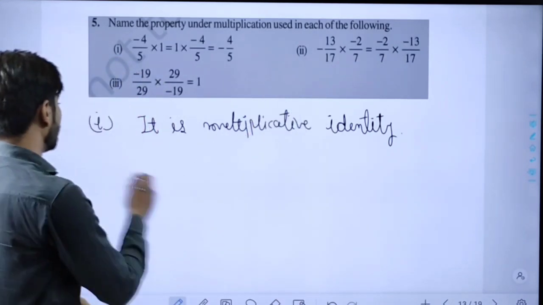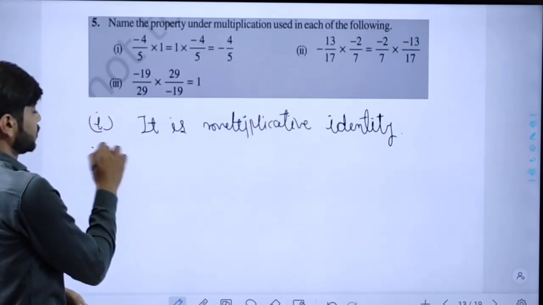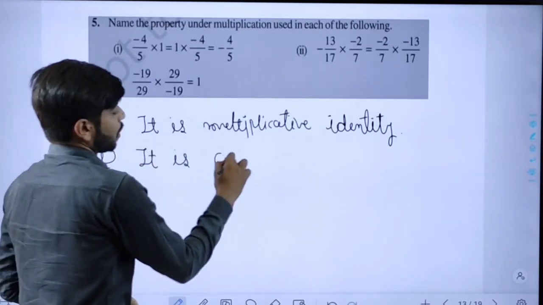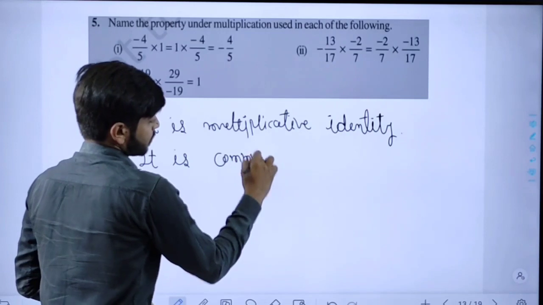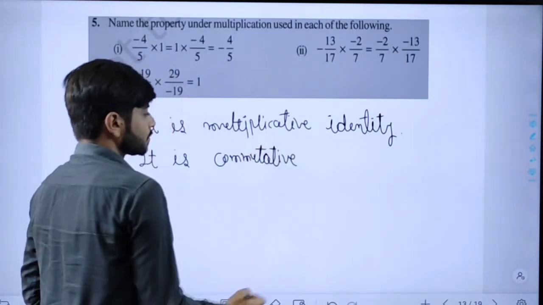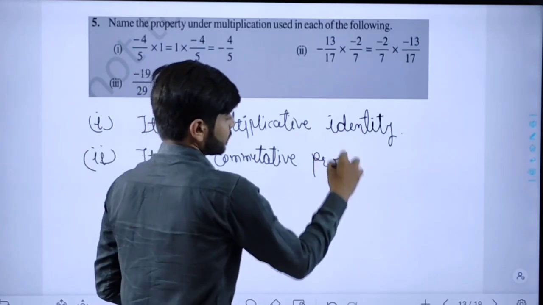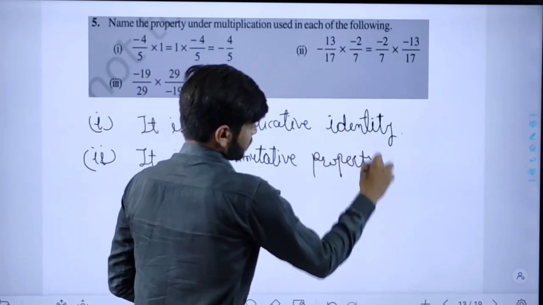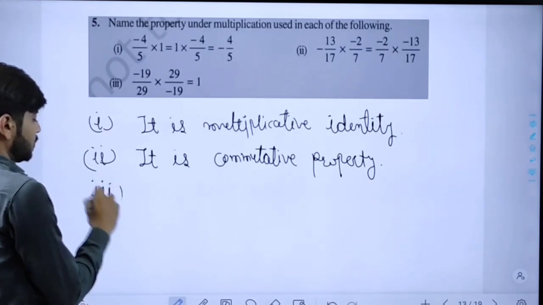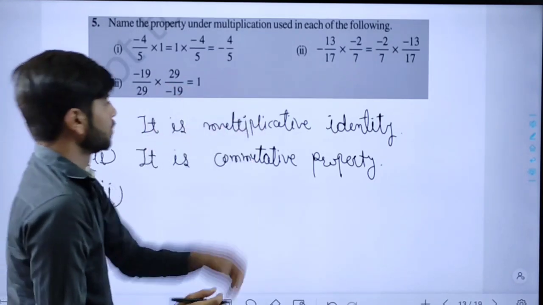In second, I will write all three answers. It is commutative property. In third, it is multiplicative inverse.